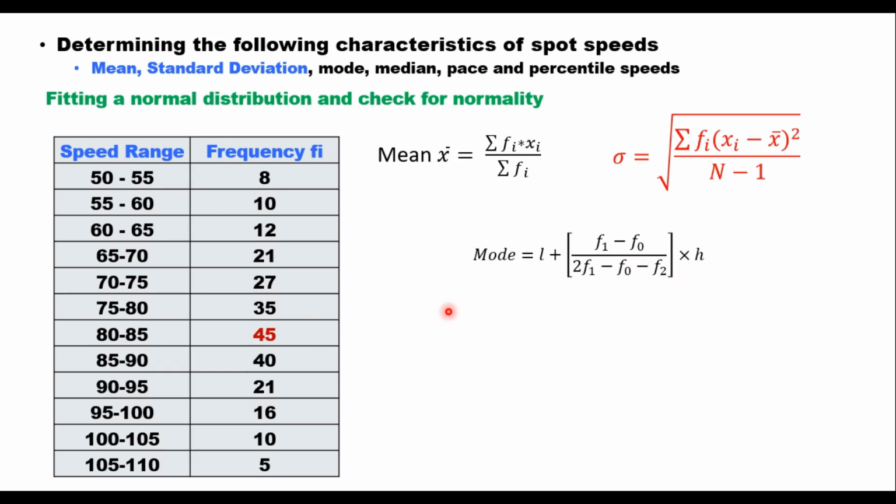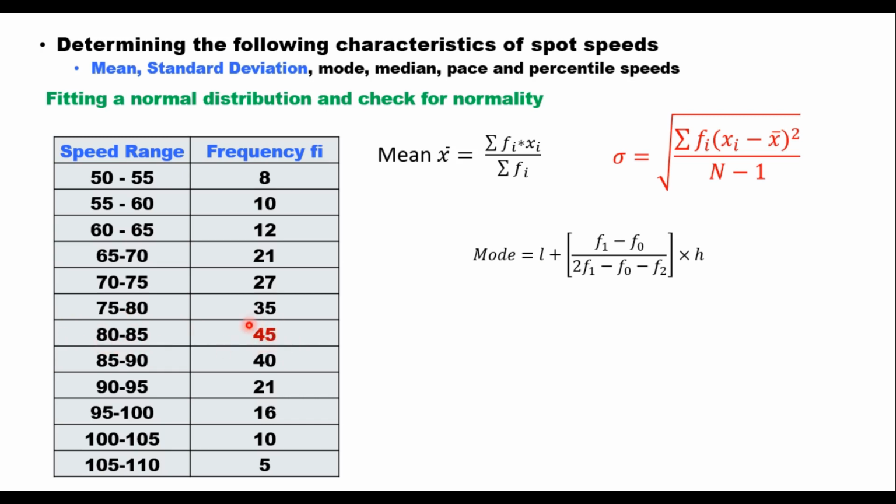Mode by definition is the most occurring speed, and if you look at this frequency, the highest frequency is 45 here, and therefore mode should lie between 80 and 85 km per hour. Now L here is the lower limit of the speed range, that is 80.